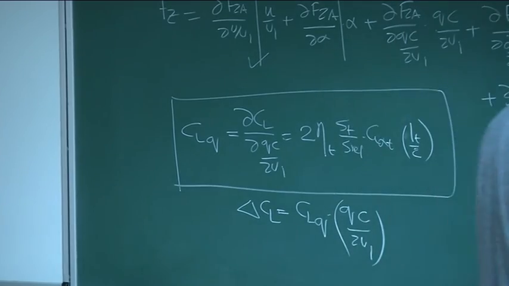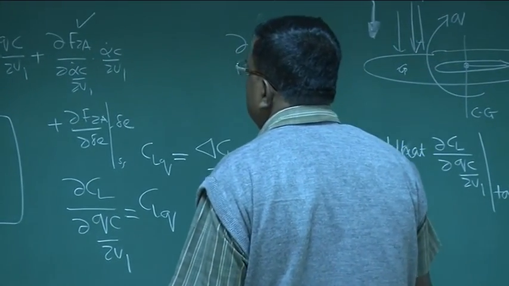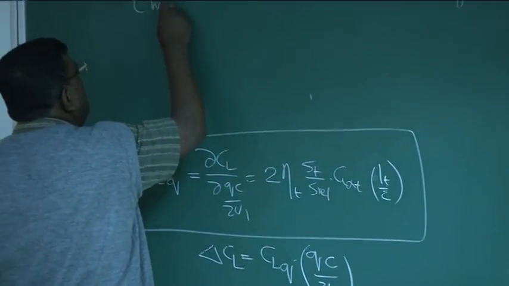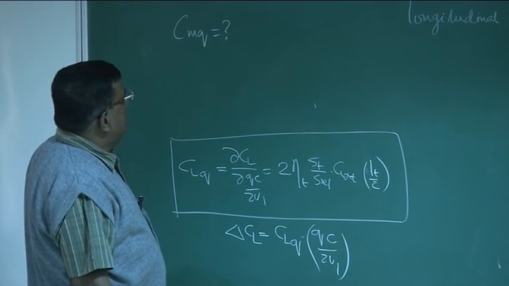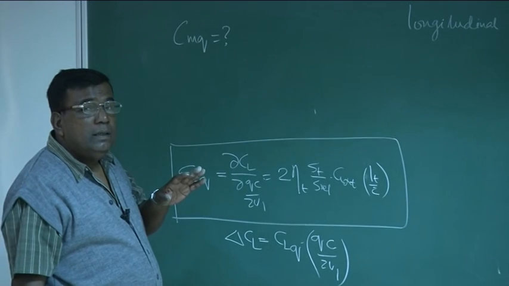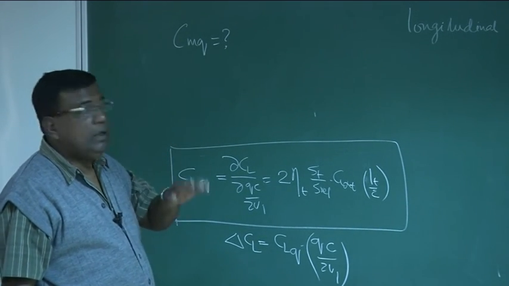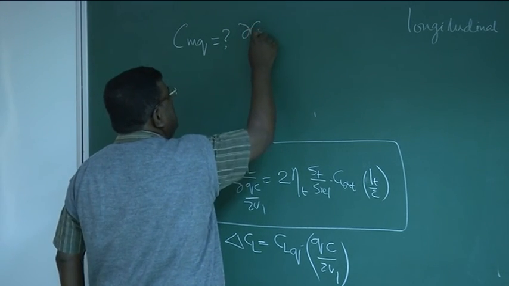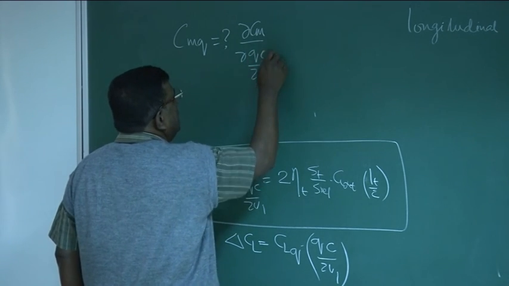Now, we will not leave it here. For completion, we will also try to see what is CMQ. This is the change in pitching moment because of Q, like it was change in CL because of Q. So this is also defined as dCm by d(Qc/2U1).